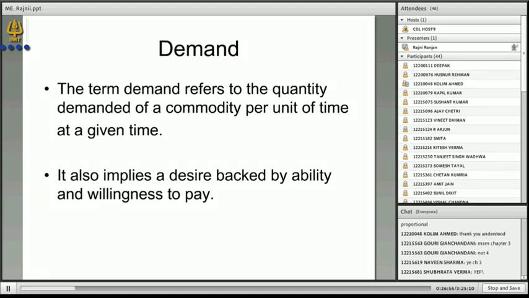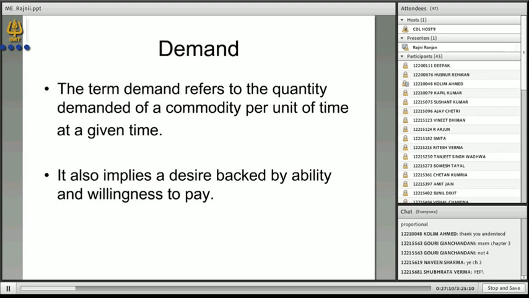So better demand forecasting, better analysis of demand obviously results in better production capacities, better utilization of resources, and optimum inventory levels to be maintained in an organization.